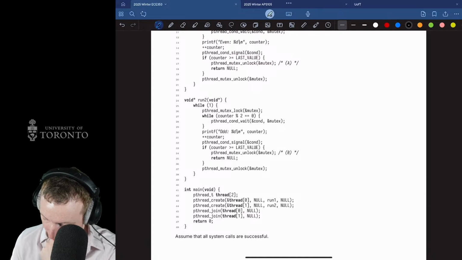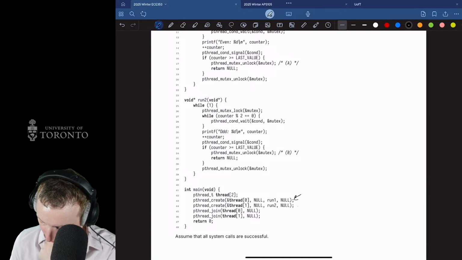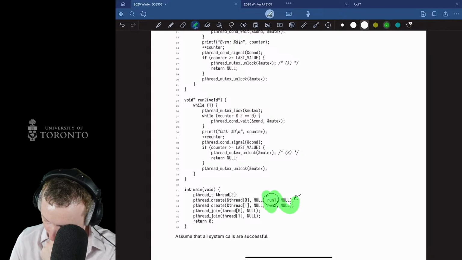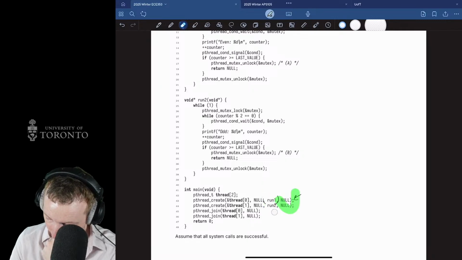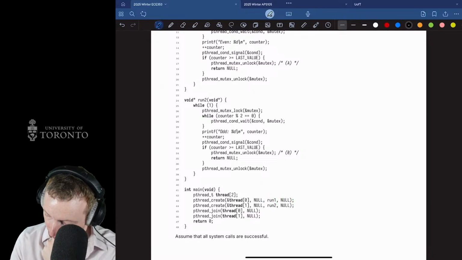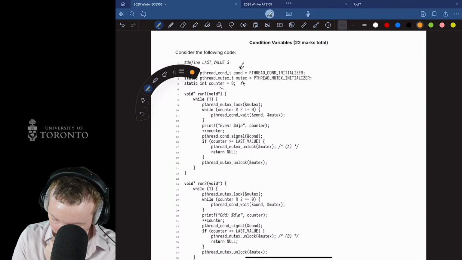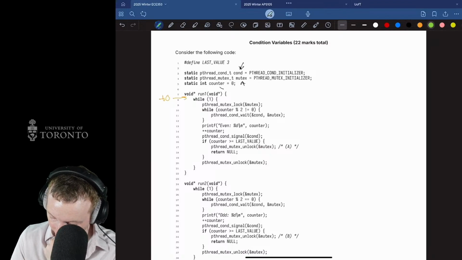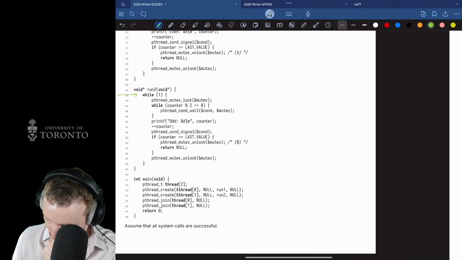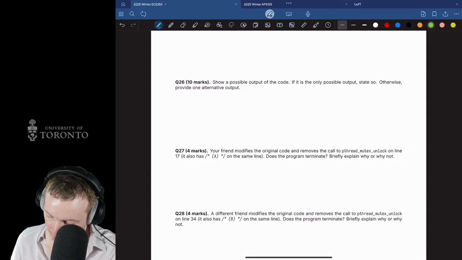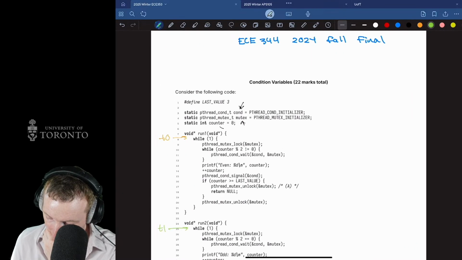And then we create 2 threads. So 1 thread is set up to run this run1 function. 1 is set up to run the run2 function. So, well, let's give them their IDs. So we'd have thread 0 set up to run this function. Thread 1 set up to run 2. So the question says, show a possible output of the code. If there's only one possible output, state so, otherwise provide one alternative output.